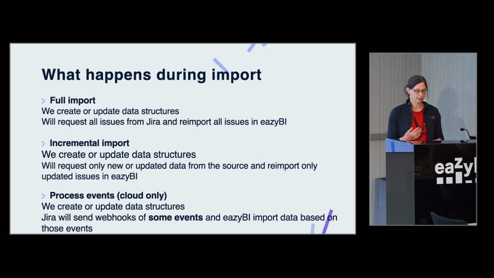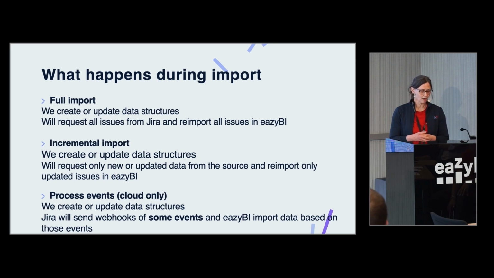There are three types of import: full import, incremental import, and process events for cloud only. For full import, we will create or update data structures and request all issues from Jira and reimport all issues in eazyBI. This is an example for Jira, but it's similar for other applications.